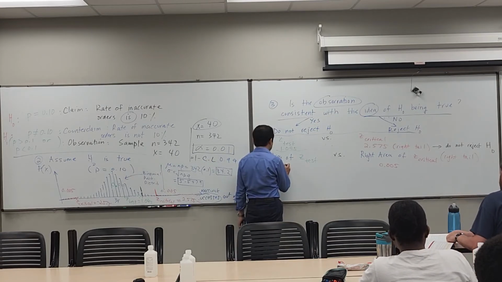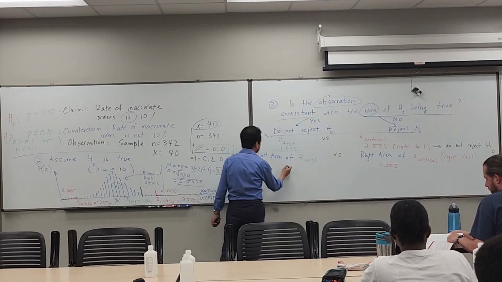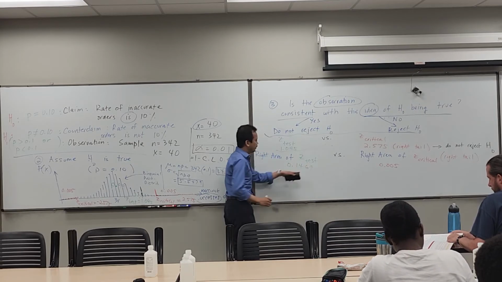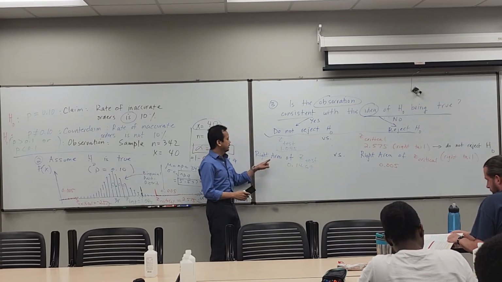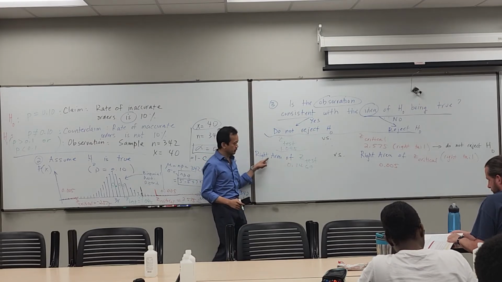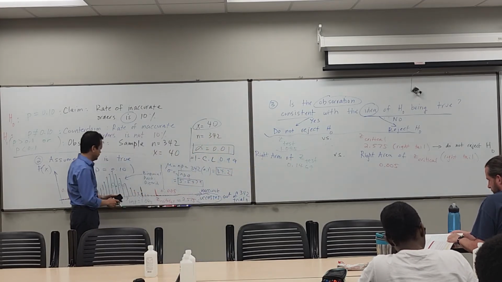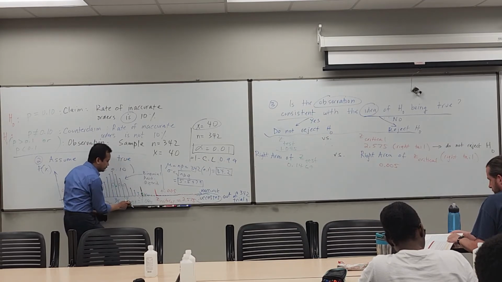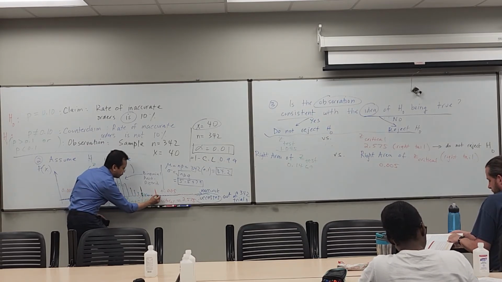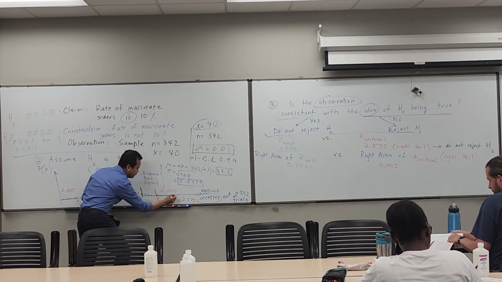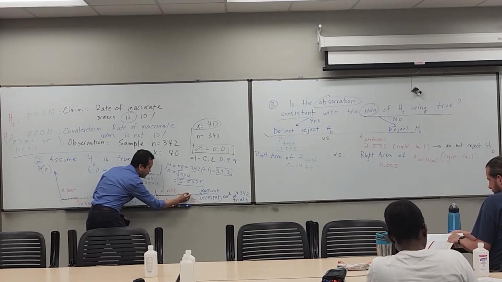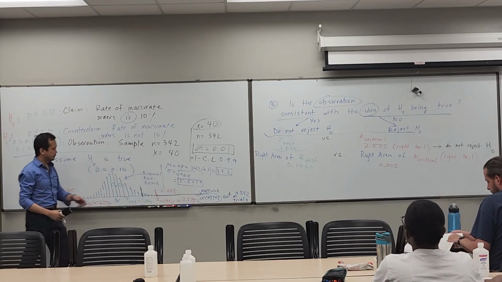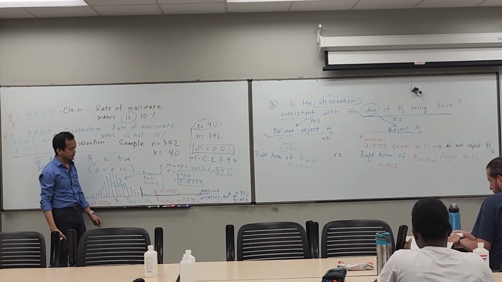0.1469. Okay, so this 0.1469 represents this right area of z-test under the bell curve. So if you look at this picture, if I shade it in, relative to z-test, this entire area to the right would correspond to the area to the right of z-test.